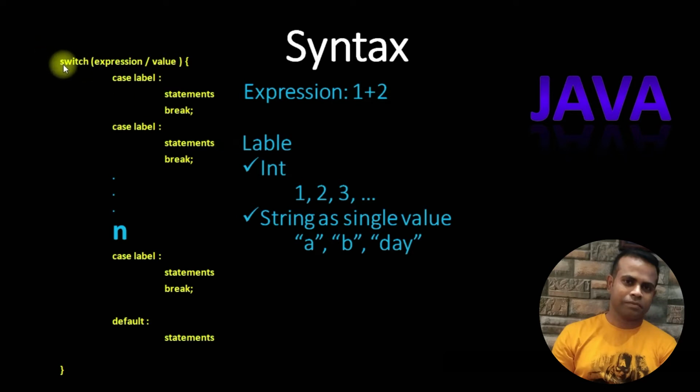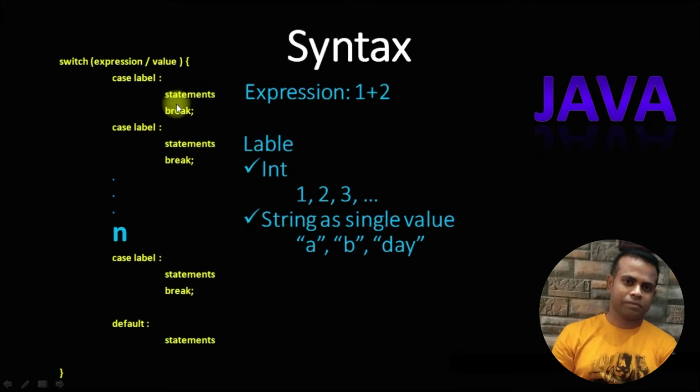So the syntax is switch then expression or value, and for each condition we have to create a case label, then write a colon, then your statement here, your statement here, your statement here. And if you check, all these case labels and their statements lie under this switch. The switch starts from here with the curly bracket and it closes here. So under this bracket we have to write our case statements.